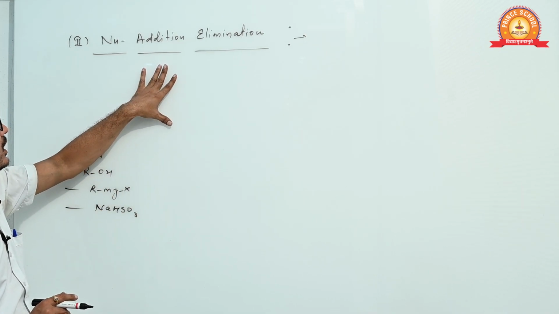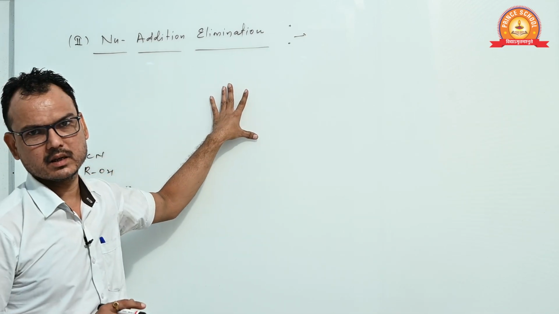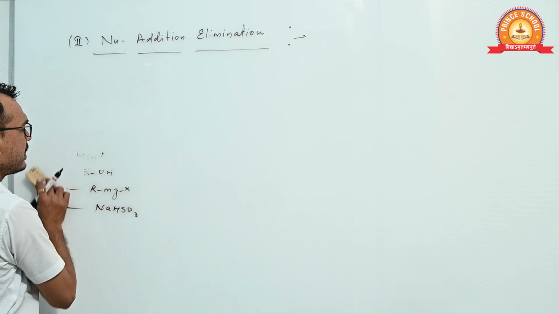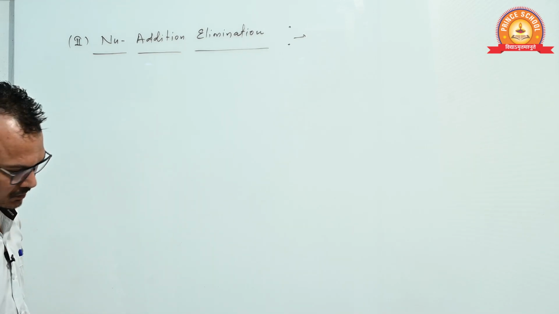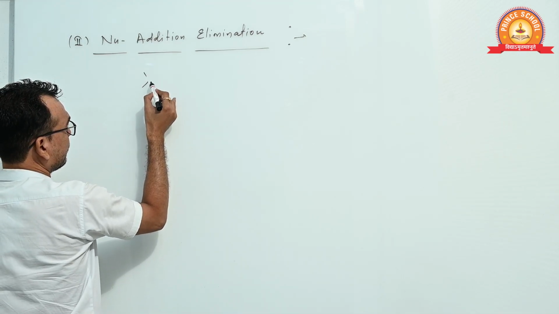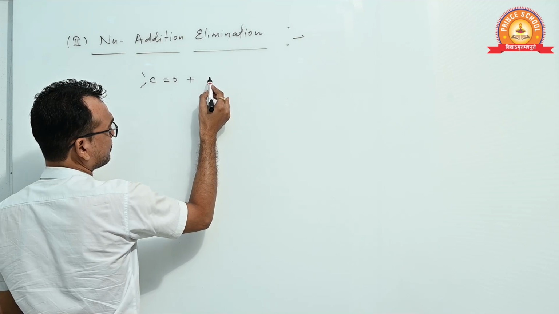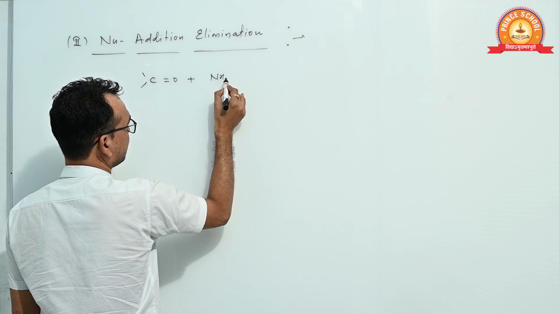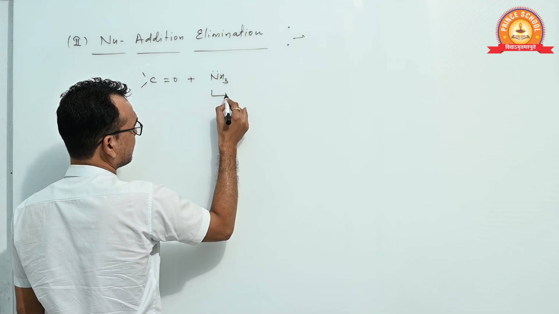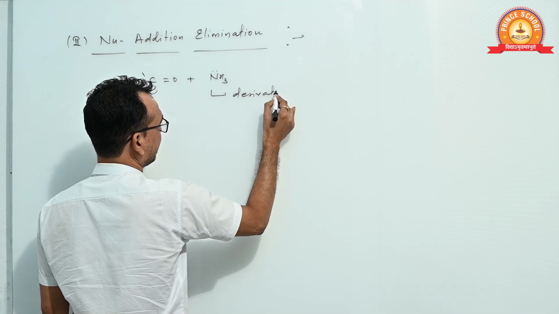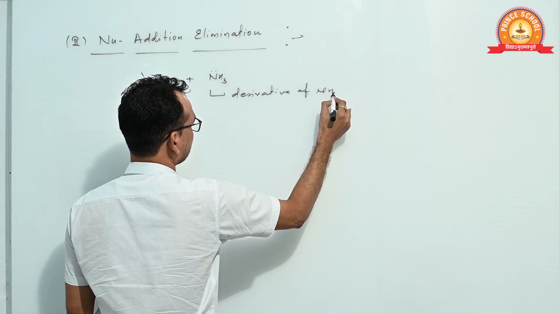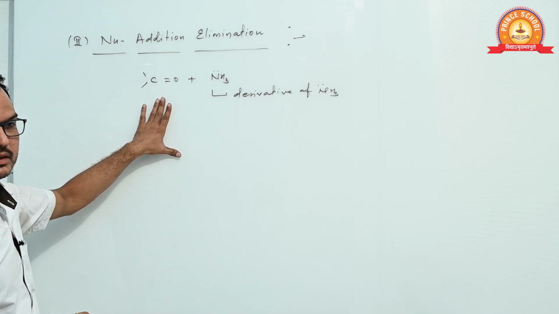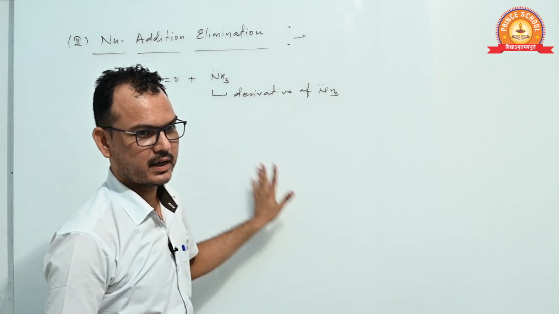This is another type of reaction, which is also a nucleophilic addition reaction, but a step is added, the elimination. So one step in it will be elimination. Clear? Carbonyl compounds show the nucleophilic addition-elimination reaction with NH3 and derivatives of NH3.